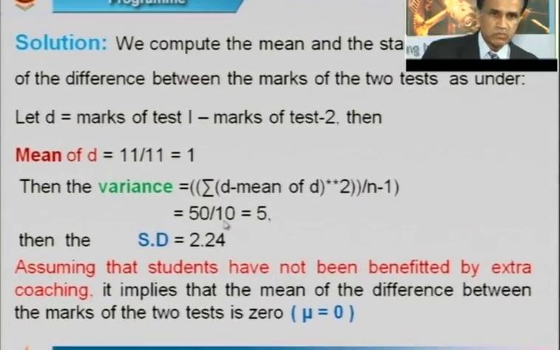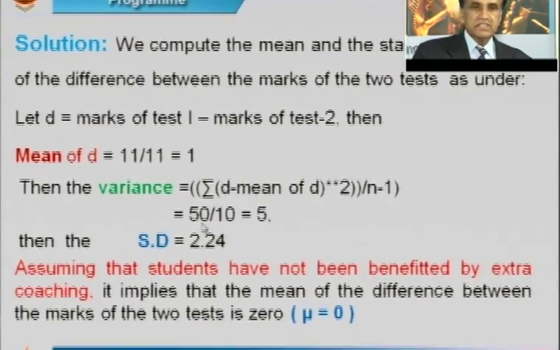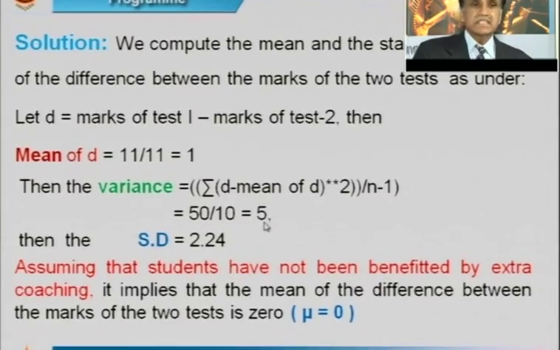Then 11 minus 1 is 10, the sum of the squares of the deviations is calculated as 50, and divided by 10 you are getting 5.